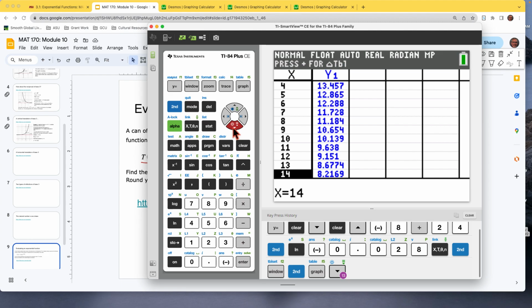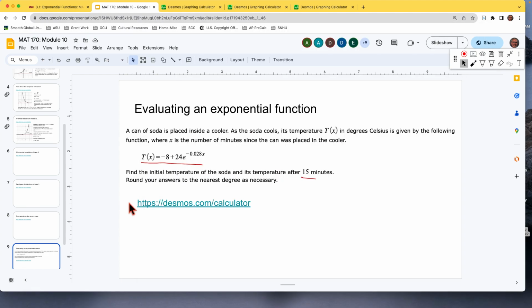So we come down to 15, and there it's going to be 7.7 Celsius. So after 15 minutes, it's cooled down to 7.769, or 7.8 Celsius.